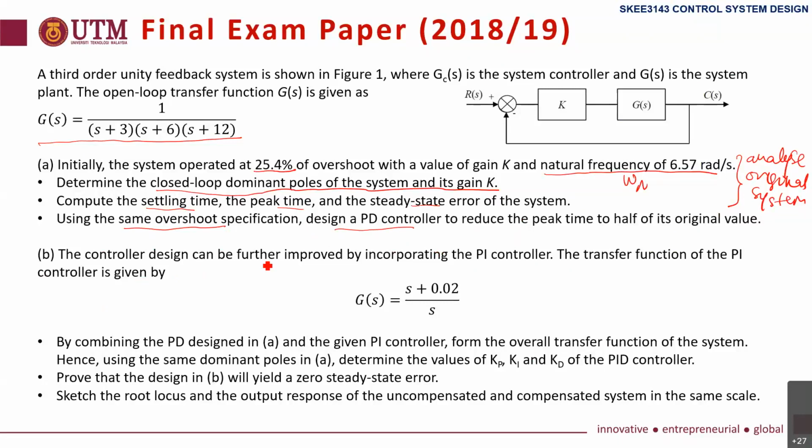Then the question continues. The controller design can be further improved by incorporating the PI controller. PI is already given here, S plus 0.02, and the value of Z is already given. By combining the PD controller design and PI, form the overall transfer function and find Kp, Ki, Kd.